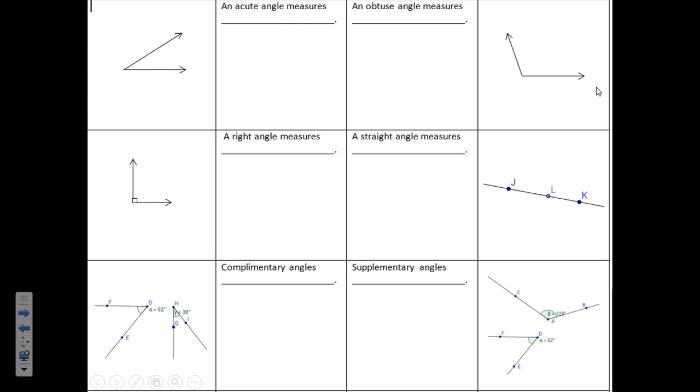All right, the next one, not yet. Complementary is next. The next one is complementary angles. How many of you have been to a hotel that had a complimentary breakfast?